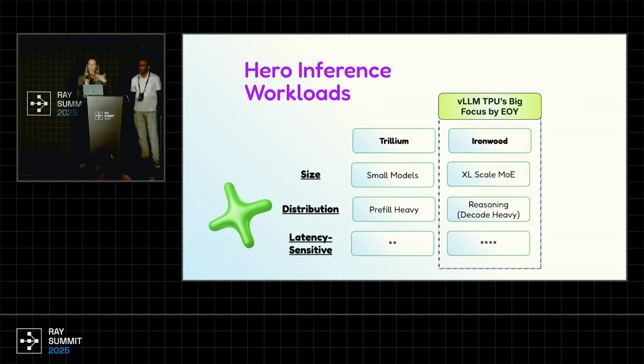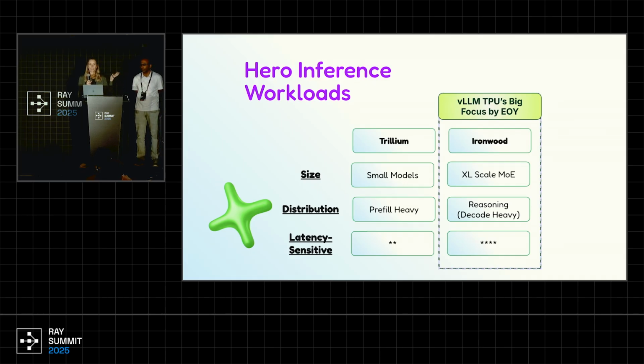When we think of the previous-generation TPU chip, Trillium, it has really high TFLOPs and not-so-high HBM bandwidth compared to Ironwood. This is great if you have compute-bound workloads, like prefill-heavy workloads or multimodal model implementations that you're serving, which are typically more compute-bound, and maybe smaller models. Trillium is an amazing chip for that.